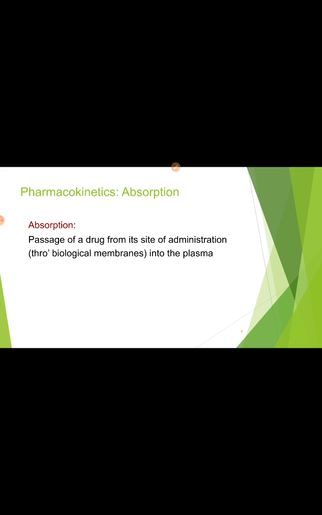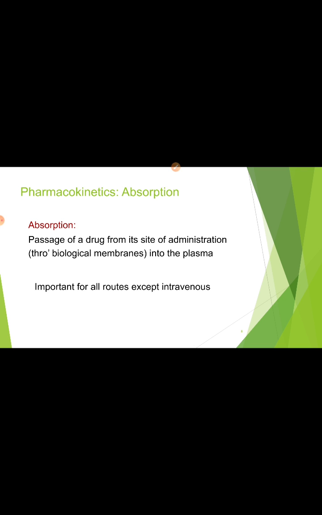Site of administration means you have studied different routes of administration. So, by which route, where the drug has been given, what site it has been given through. So, the passage of drug from that particular site into the plasma through biological membranes is called absorption.